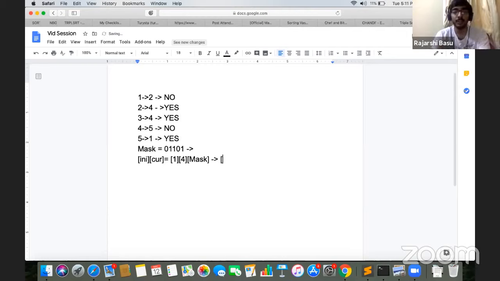So what is the DP state that we derive our answer from? We have ini as 1, this is 2, and the mask is 0. We had not used that edge as of yet. So we have not used edge 2 as of yet in that DP state.